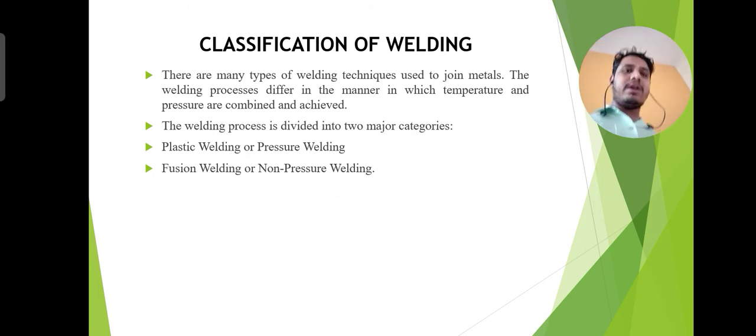Now, the welding process is divided into two major categories: plastic welding, also called pressure welding, and fusion welding, also known as non-pressure welding. There are about 35 different welding and brazing processes and several soldering methods in use by industry today.